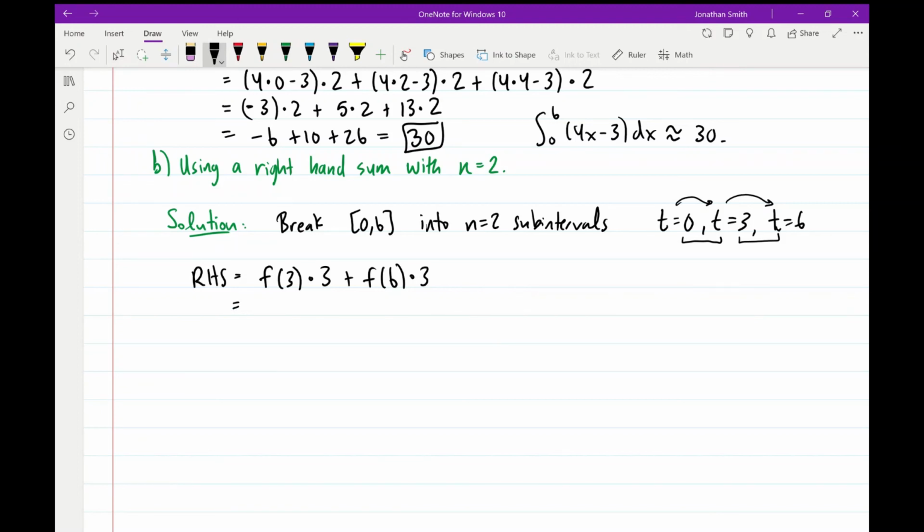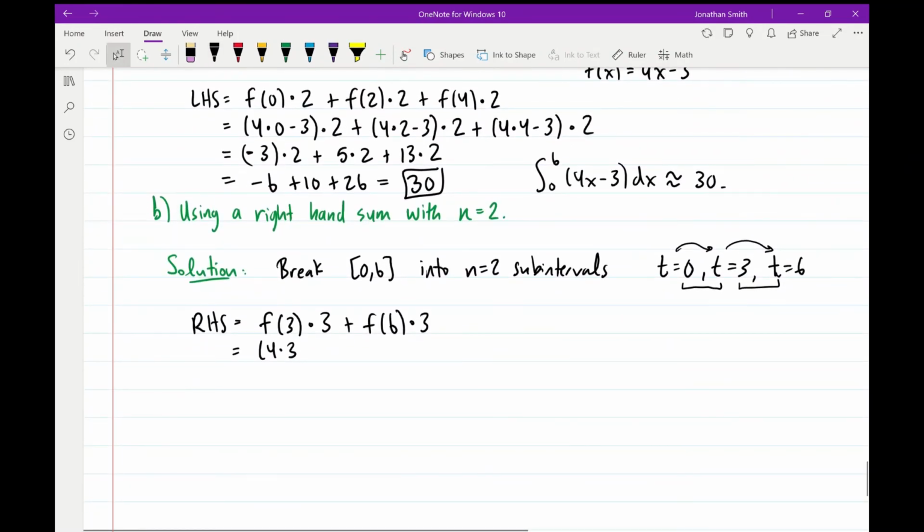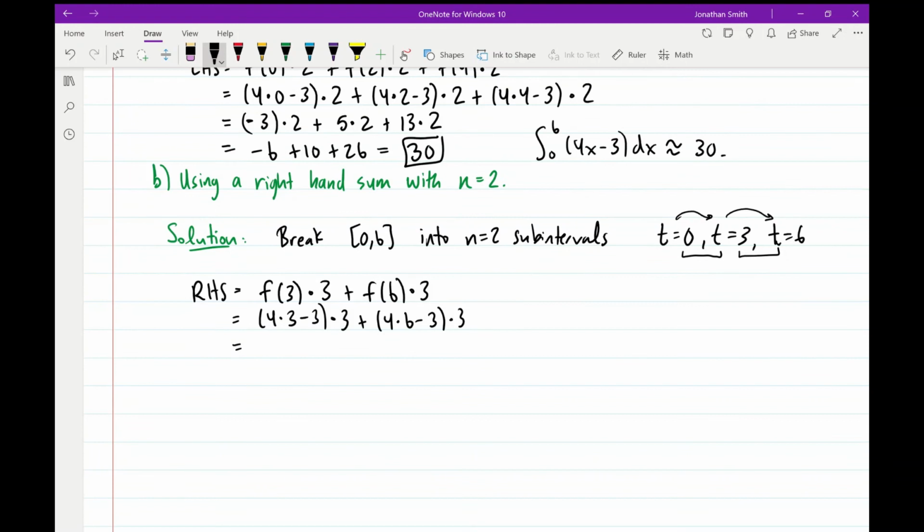So let's plug this into our function. We get (4 times 3 minus 3) times 3 plus (4 times 6 minus 3) times 3, and now we can simplify.